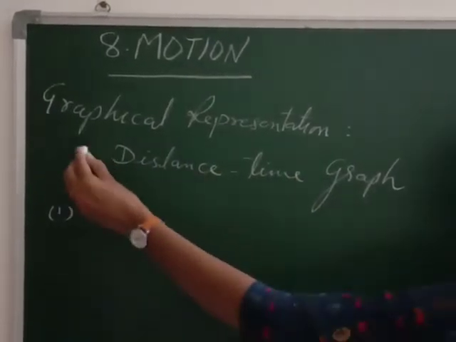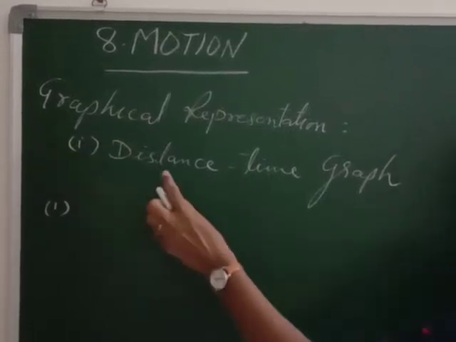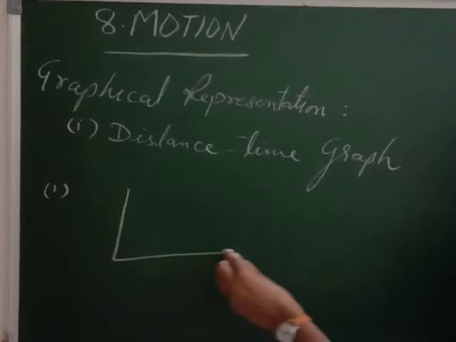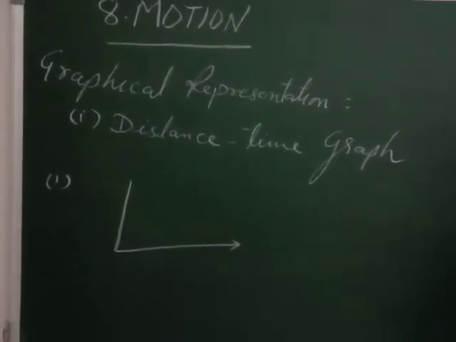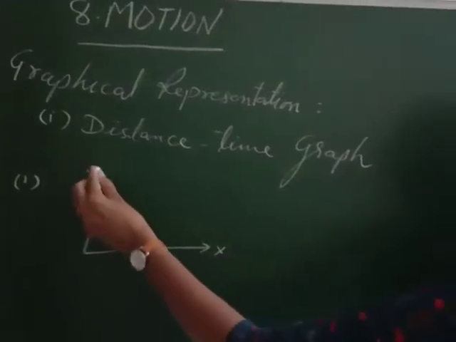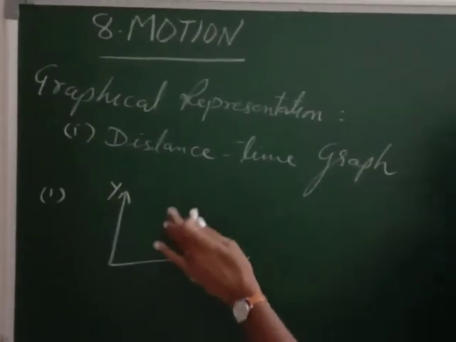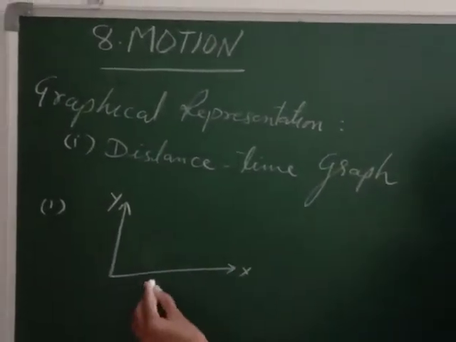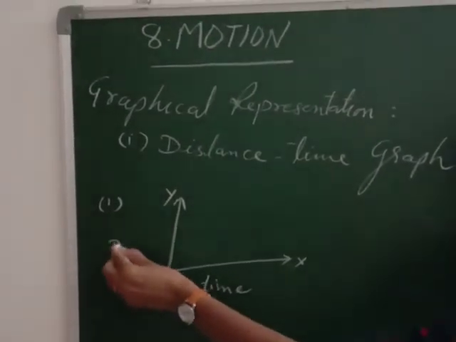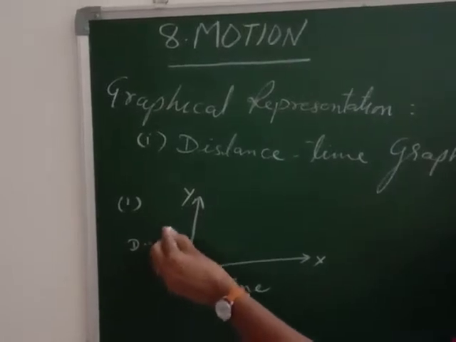First, let us talk about the distance time graph. That means I am taking the x-axis and y-axis. This is my x-axis and this is my y-axis. I am only taking the first quadrant. The x-axis represents time and the y-axis represents distance.